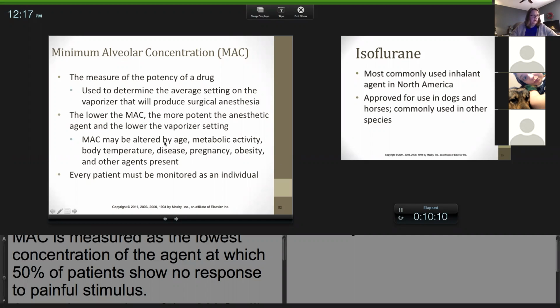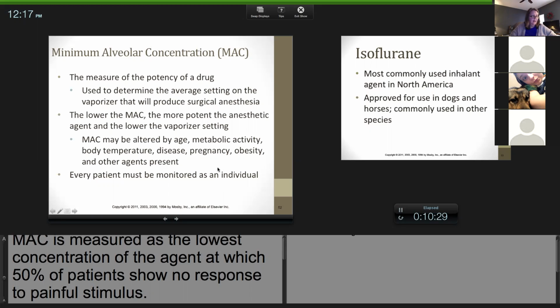But also, if they're older patients, pediatric patients, hepatic disease, maybe cardiovascular disease, pregnant, those are all things that lower MAC. You shouldn't need as much. It means you shouldn't need as high of a percent in those patients. But again, every patient is individual.